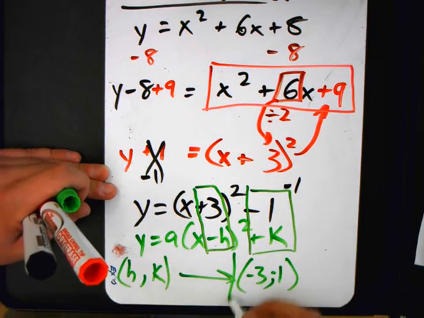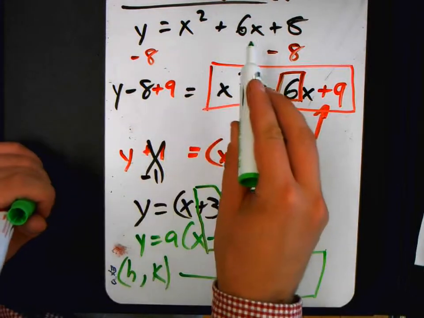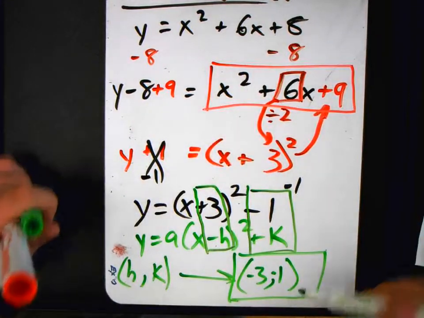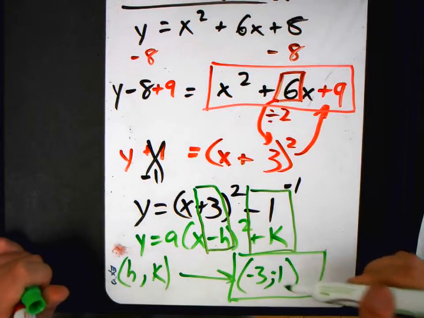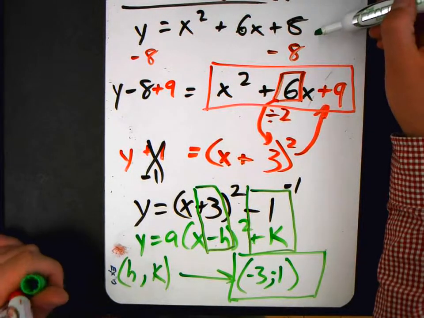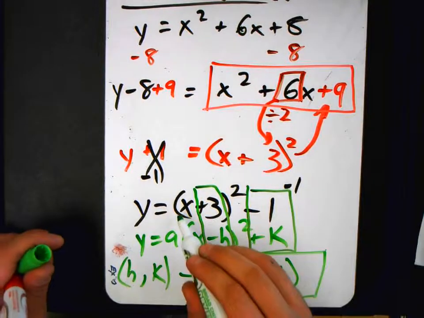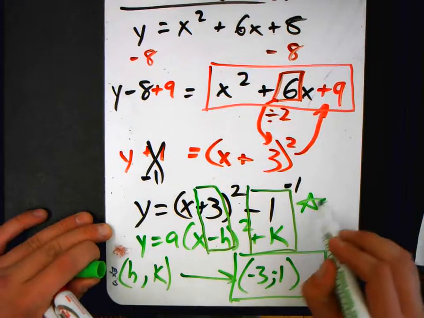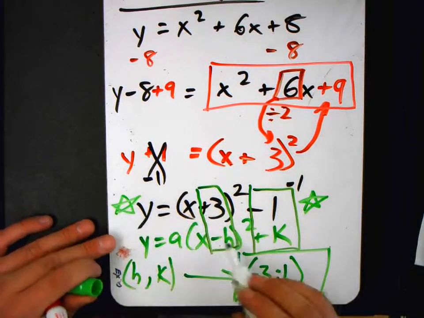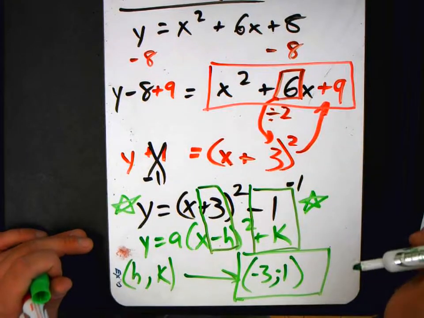So my vertex of the equation y equals x squared plus 6x plus 8 is the point negative 3, negative 1. We would not have been able to determine that just by looking at the standard form of the quadratic. So we have to convert it into vertex form, which is right here, and look at our h and our k. The easiest way to do that is by completing the square.